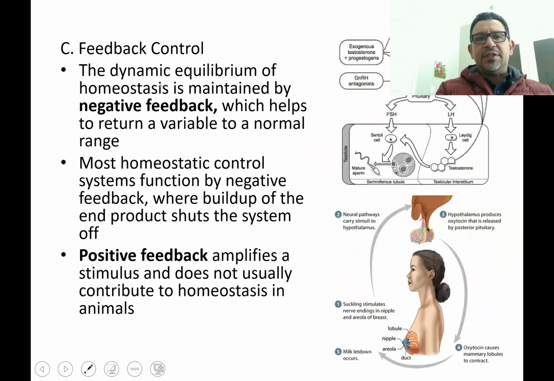Last time in class, I told you about feedback control and how in the case of the endocrine system, most of the hormones we produce are going to be under the control of a negative feedback loop. And I told you, for example, how in the wintertime, when animals are not finding very much food and conditions are not favorable for a lot of activities, testosterone levels can be down.